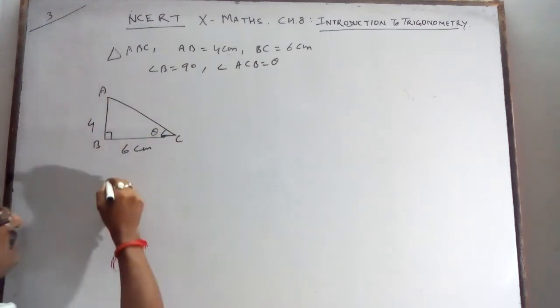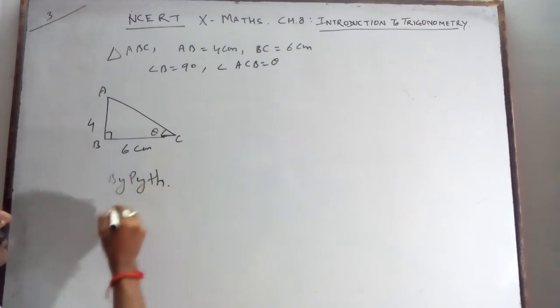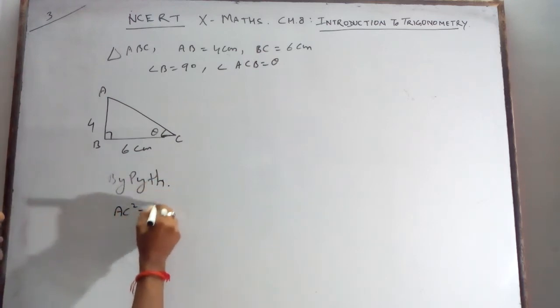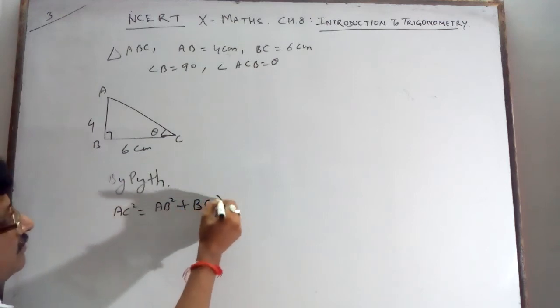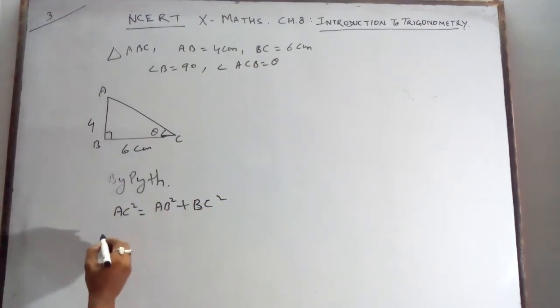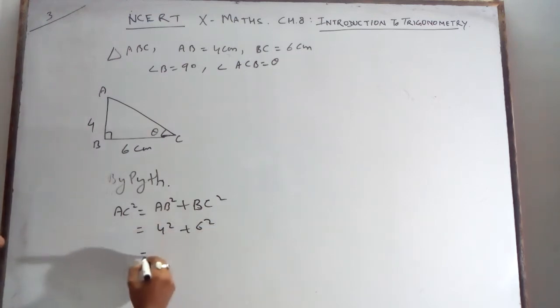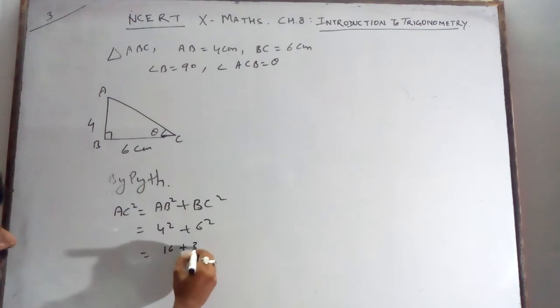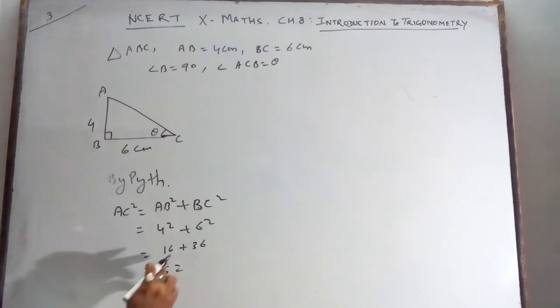Apply Pythagoras. By Pythagoras you will get AC square is equal to AB square plus BC square. AC square is equal to 4 square plus 6 square, 16 plus 36, which is 52.